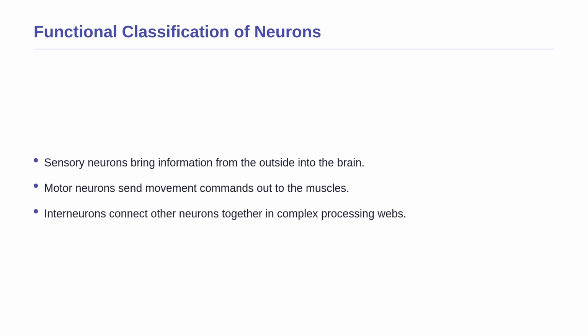Second, we have motor neurons, which act as the dispatchers, sending movement commands out to our muscles. Finally, we have interneurons. These are the local connectors that link other neurons together in incredibly complex webs, allowing for advanced processing and decision-making. This functional division is our first major step in mapping the nervous system.